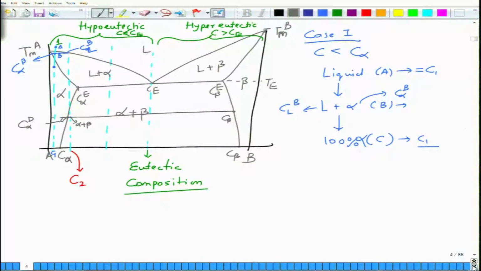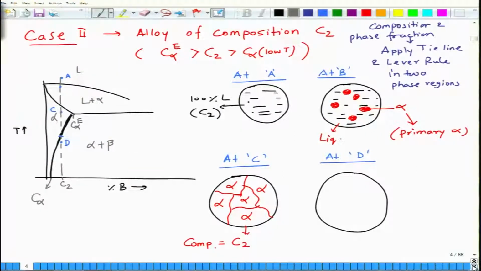So, what happens here is you have this alpha phase, the grains of alpha. So, you have these grains of alpha, and within these grains of alpha you have formation of some beta phase. So, beta phase gets precipitated in the form of small precipitates. So, small crystals of beta will be forming here and there.